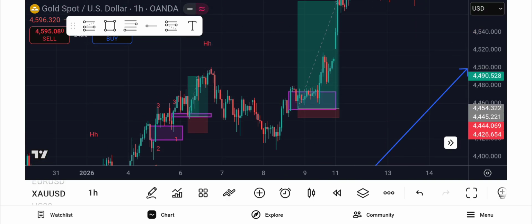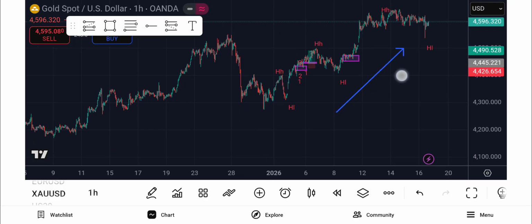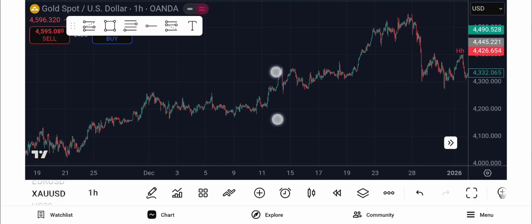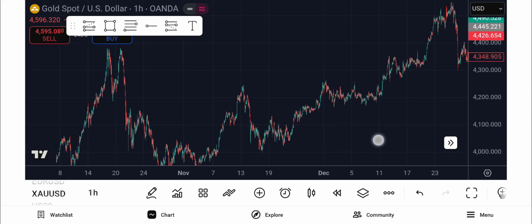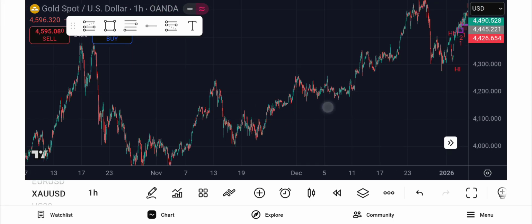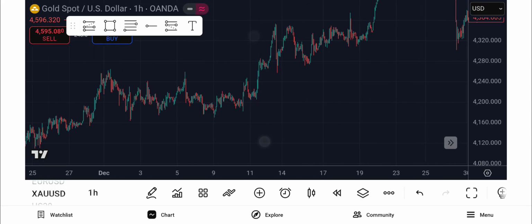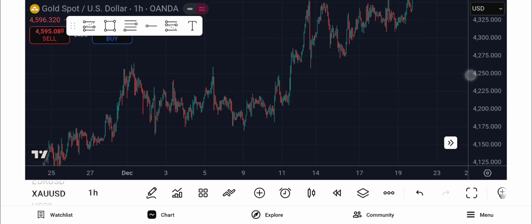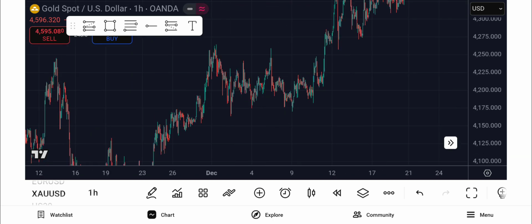Okay, now let's look for bearish trends. Honestly, we could use this downtrend because it is going down.